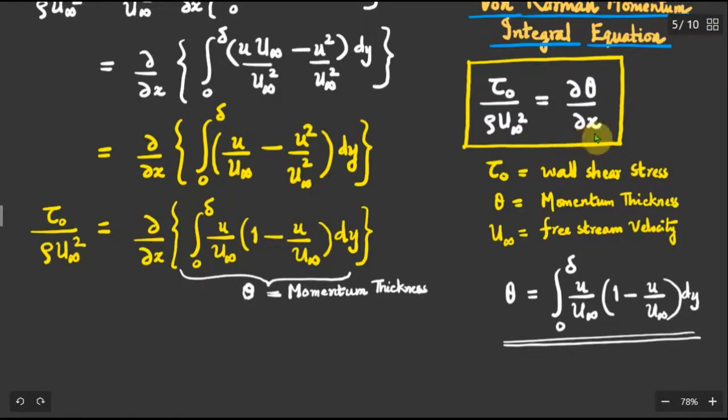Once you get this differential equation, you can integrate it and find the wall shear stress. Subsequently you can get the local skin friction coefficient imposed by the solid body and also the coefficient of drag.